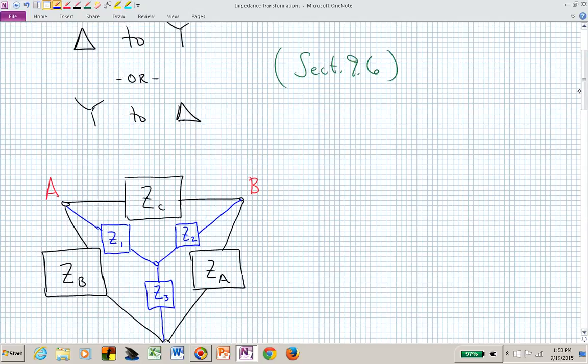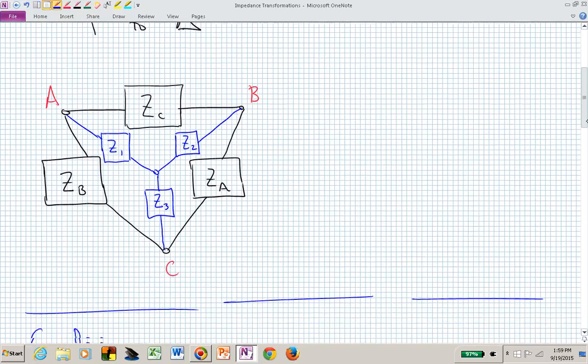In this material, you can find the equations in section 9.6 of the 10th edition of Nielsen and Rydell.